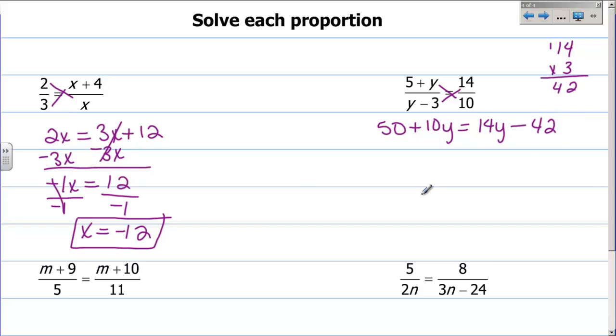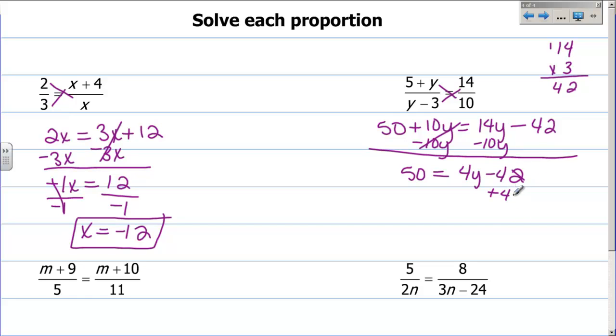So now you have an equation, variables on both sides. We want to get everything together. So I'm going to start by subtracting 10y, because I want to keep everything positive. So I end up with 50 equals 14 minus 10 is 4y minus 42.